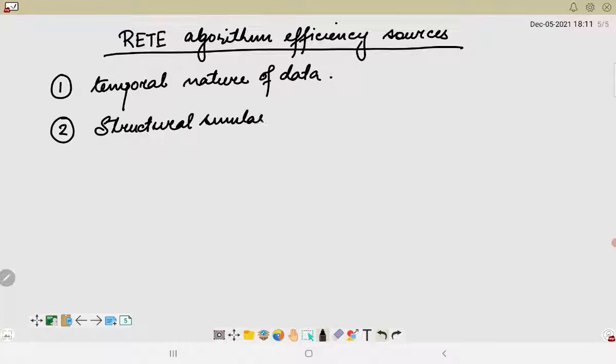Structural similarity in rules. Here, RETE stores the rules so that they can share the structures in the memory. For example, rules for identifying wild animals.